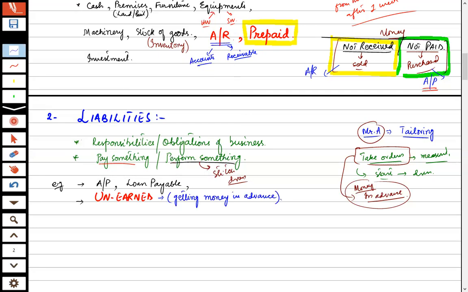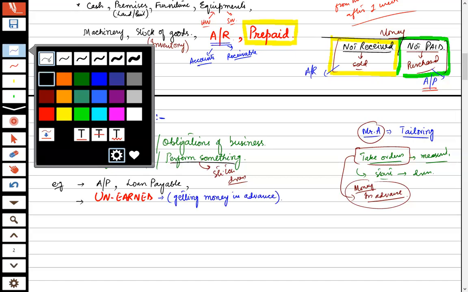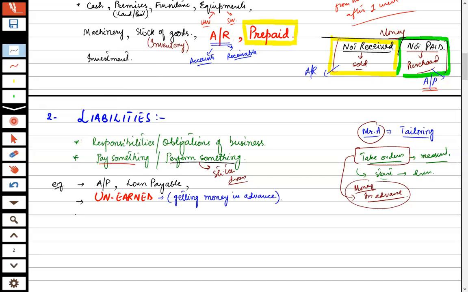Clear? Yes. One more example that is related to payable but falls in another category is bank overdraft. This point we will discuss later. We just have to see the terms accounts payable and loan payable, which we have seen here in detail.